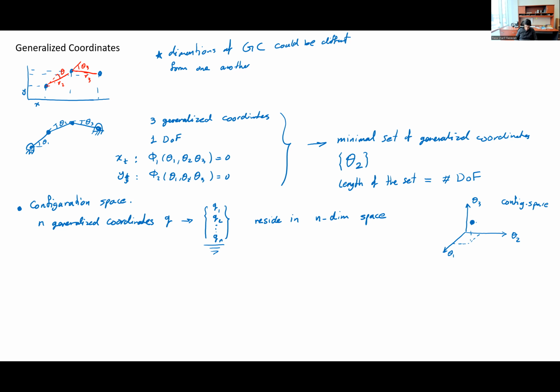So a few notes. Usually, the number of generalized coordinates, or these q's, is smaller than the number of actual coordinates in a system.